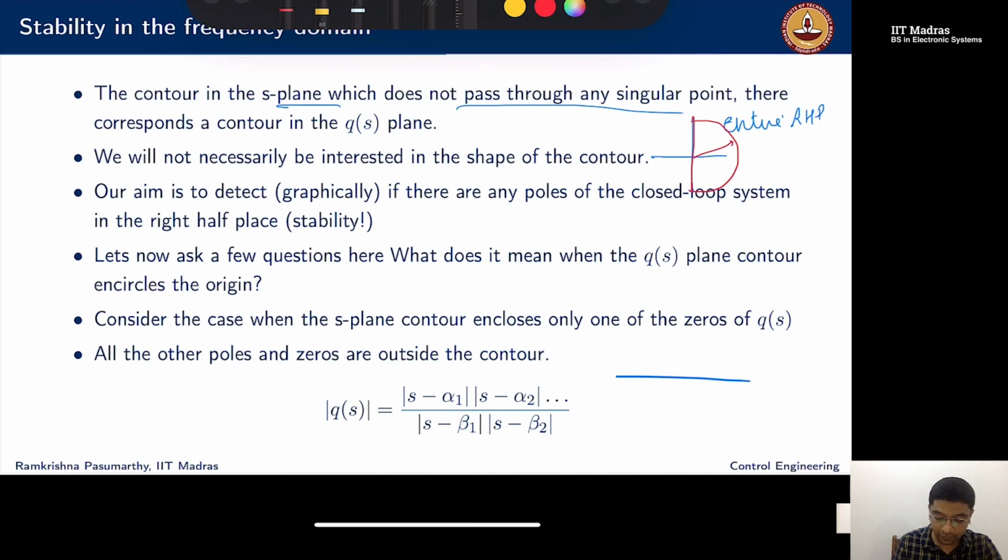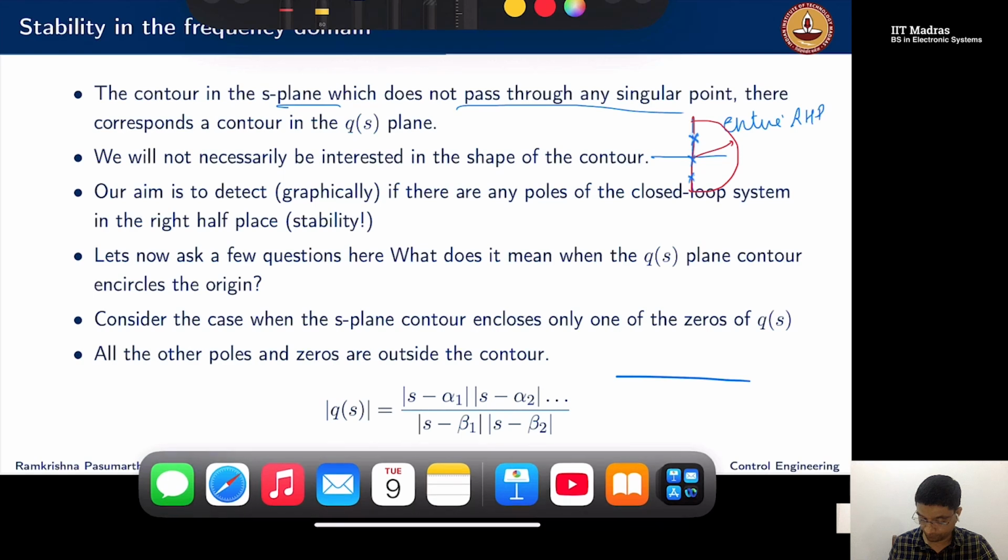But there might be situations where I cannot avoid passing through the singular points. For example, if I have a pole here or a pole at the origin, I will have to pass through a singular point. So we will now discuss how to avoid this situation.